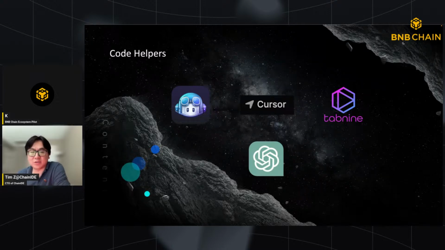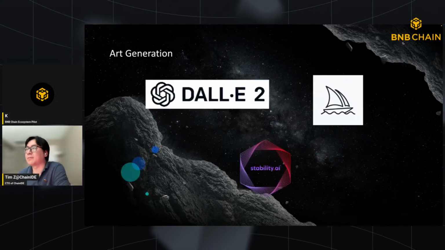The last one to mention is OpenAI's ChatGPT. It's a general-purpose chatbot, but a lot of people use it for writing code, and it works very well, especially for writing simple code or a starter template. Later in today's demonstration, I will also use ChatGPT.